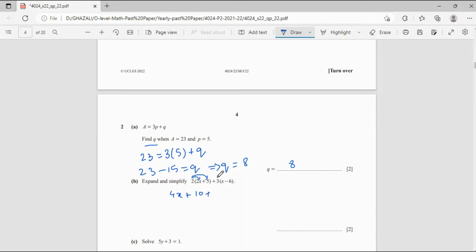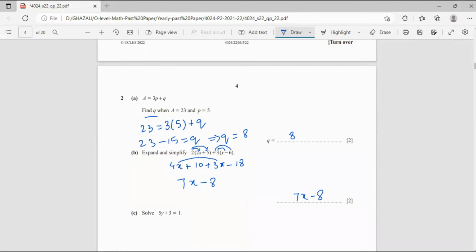And after this, 3 multiplied by x is 3x, and 3 multiplied by minus 6 is minus 18. 4x and 3x are like terms. We add them. 4x plus 3x, 7x, plus 10 minus 18 is minus 8, and the answer is 7x minus 8.